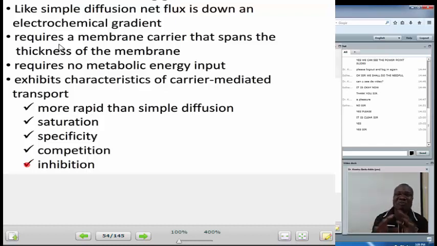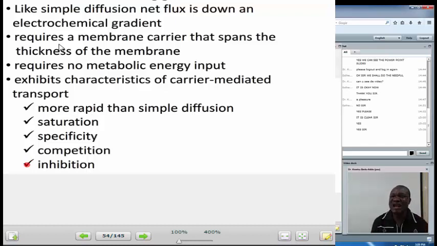It won't pick up any other sugar, be it sucrose or galactose. The carrier will take only glucose. So it is specific. So we say that the carrier exhibits specificity.